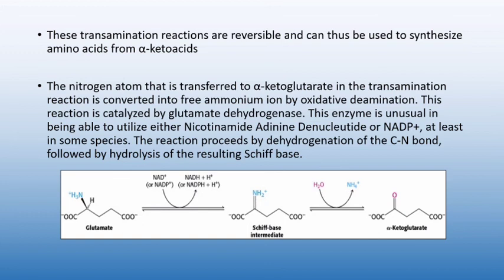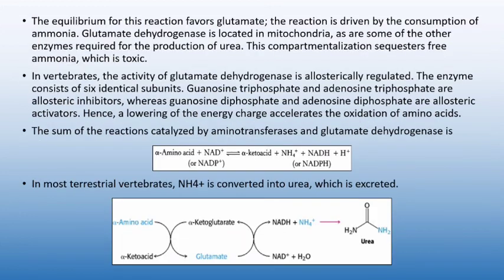The reaction proceeds by dehydrogenation of the C-N bond, followed by the hydrolysis of the resulting Schiff base. The equilibrium of this reaction favors glutamate. The reaction is driven by the consumption of ammonia. Glutamate dehydrogenase is located in mitochondria, as are some of the other enzymes required for the production of urea. This compartmentalization sequesters free ammonia, which is toxic.